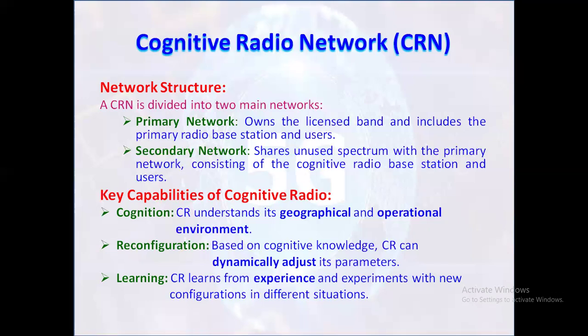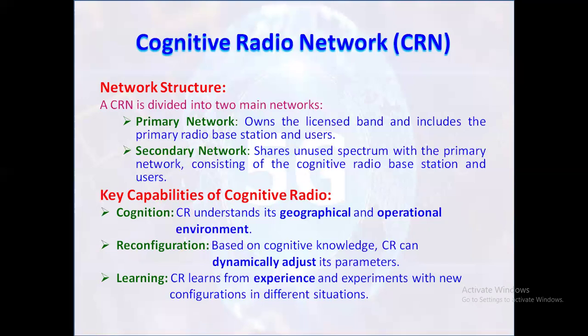This awareness allows the CR to identify which frequencies are in use and which are free, enabling it to make decisions based on real-time spectrum availability and network requirements. Next, reconfiguration. Based on the cognitive knowledge it gathers, a CR has the ability to reconfigure its parameters dynamically.